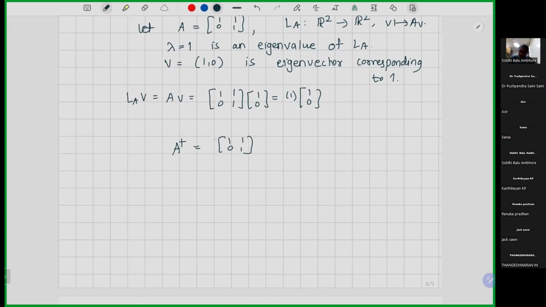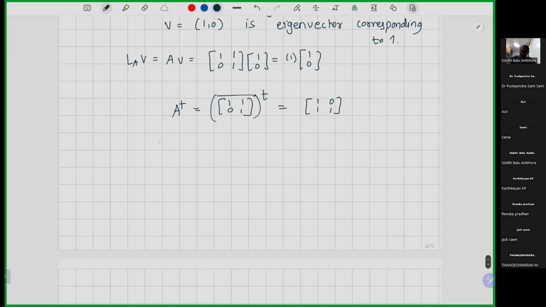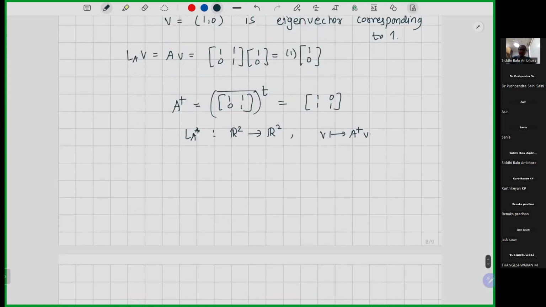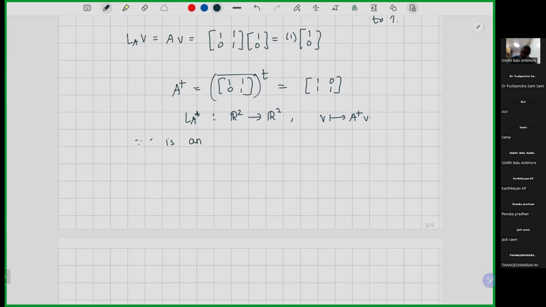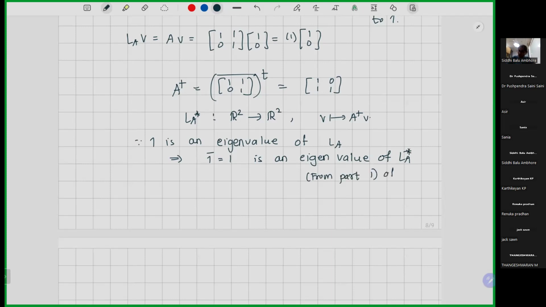But since we are in the reals, the conjugate doesn't change the matrix, and the transpose is (1, 0; 1, 1). Then L_A star is R2 to R2 with V going to A dagger V. Since 1 is an eigenvalue of L_A, this implies that 1 bar, which is again 1, is an eigenvalue of L_A star. This is okay from part 1 of this question.